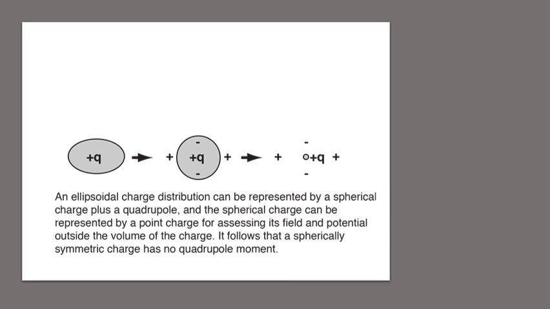And the spherical charge can be represented by a point charge for assessing field and potential outside the volume of the charge. It follows that a spherically symmetric charge has no quadrupole moment. But if the symmetry is not spherical and you are having an elliptical one, then you have some contribution.